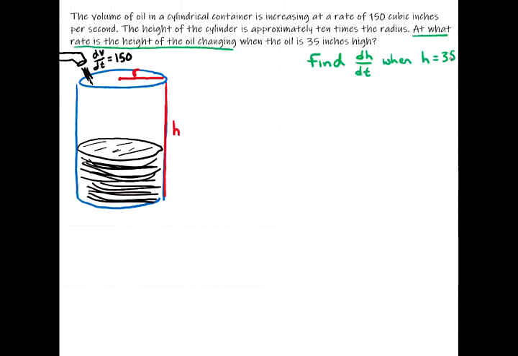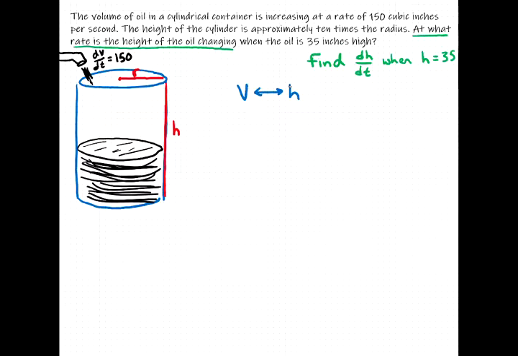All right, so we need a relationship between volume and height, because we know the change in volume and we're looking for the change in height. So we need to relate these two variables. We need the V and the H to be related to each other.